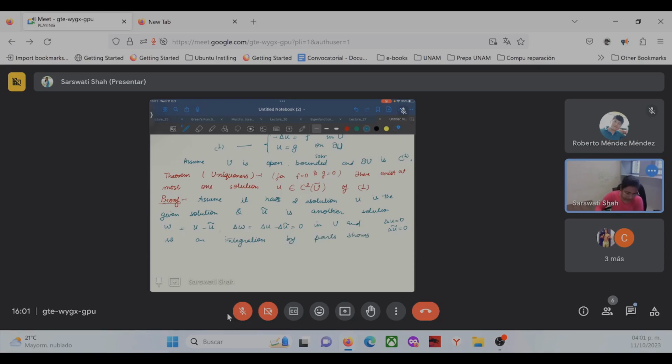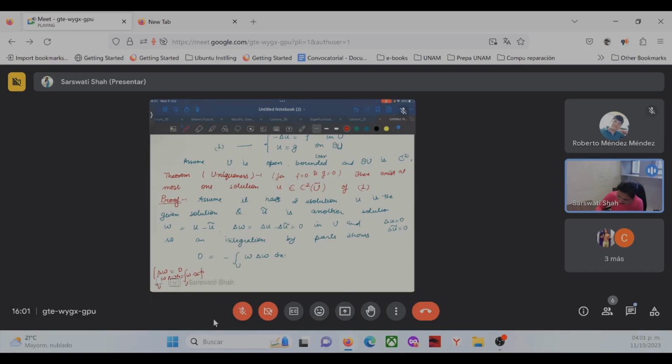shows 0 is equal to minus integration of U W Laplacian. What I did, just see. We have Laplacian of W equals to 0. I multiply by W, so it is 0.